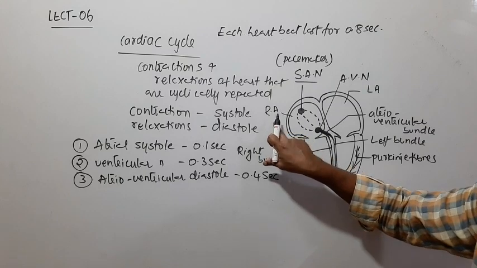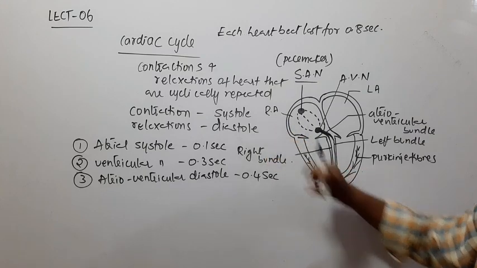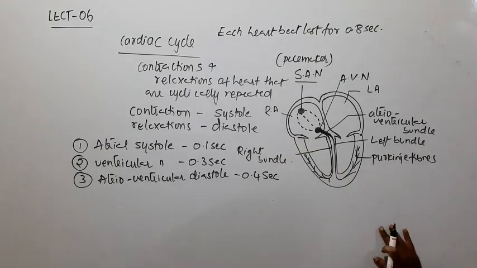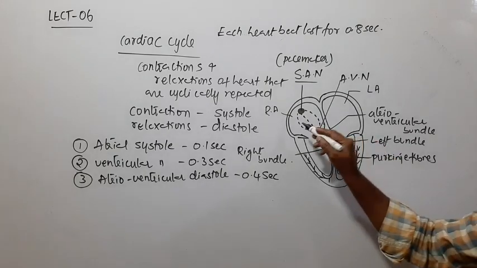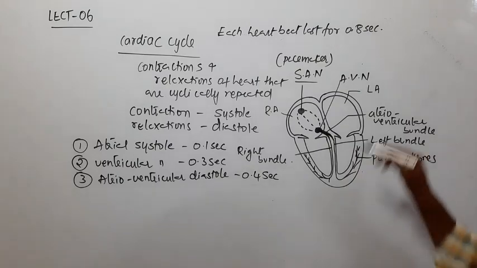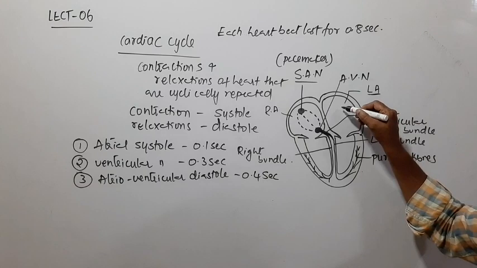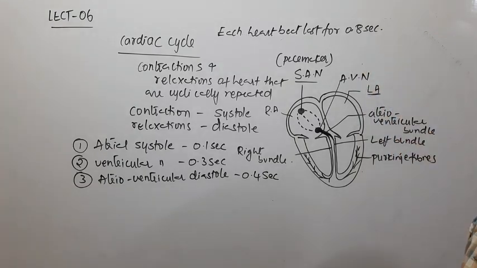We know that the right side will be filled with deoxygenated blood brought by the superior vena cava, inferior vena cava, and also the coronary sinus that brings the deoxygenated blood from the wall of the heart. This right atrium will be filled with deoxygenated blood, whereas the left atrium will be filled with oxygenated blood that comes from the lungs through the pulmonary vein.